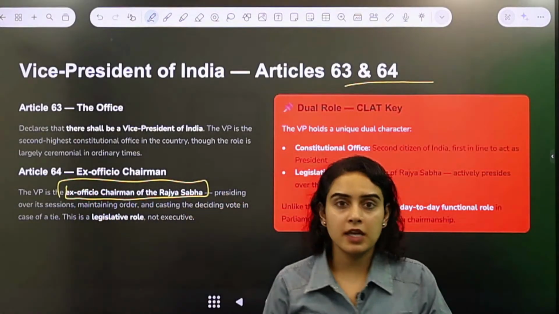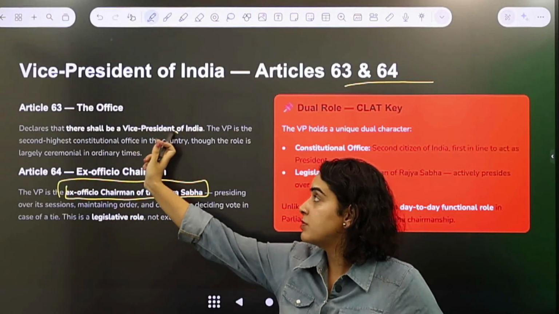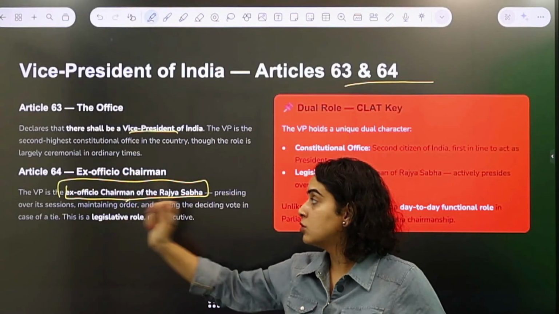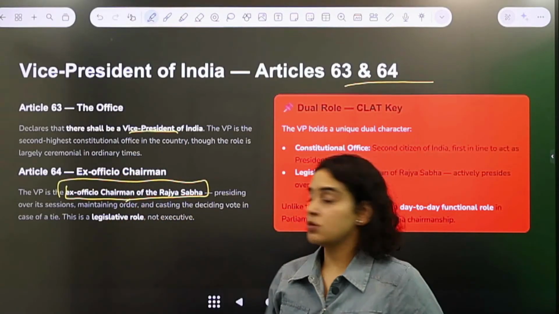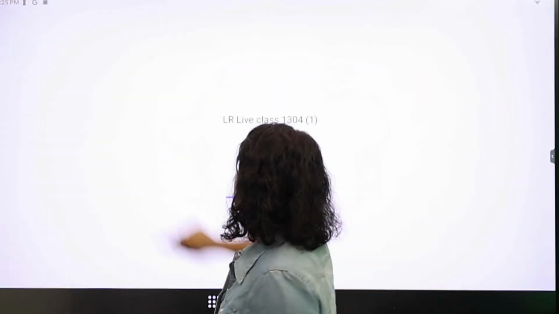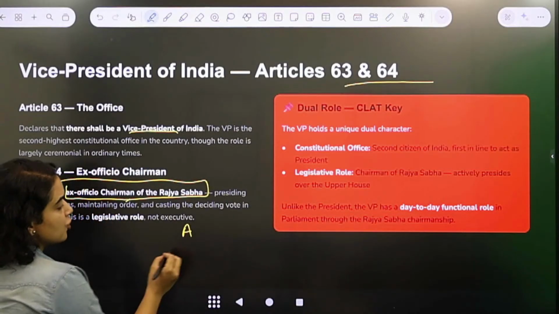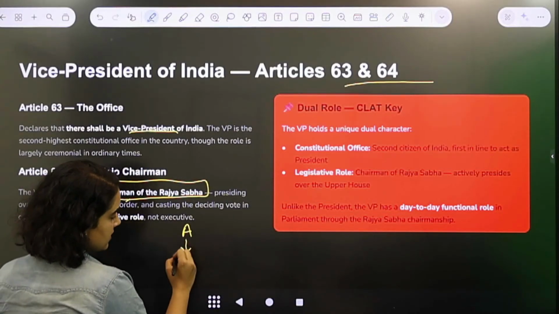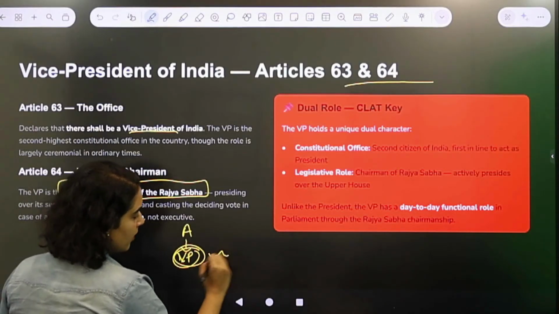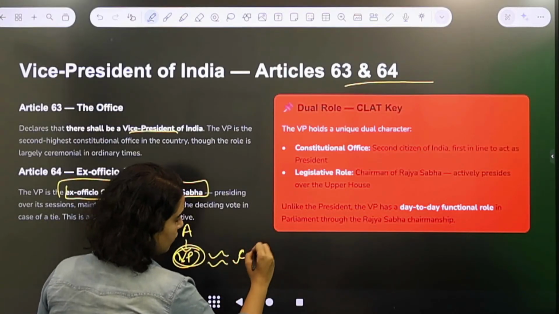What does that mean? Ex officio means that just because he's holding the office of vice president, automatically he will also become chairman of Rajya Sabha. So let's say there is this person A who is just appointed as the vice president. Now just because he is the vice president, automatically he will also become the chairman of Rajya Sabha.